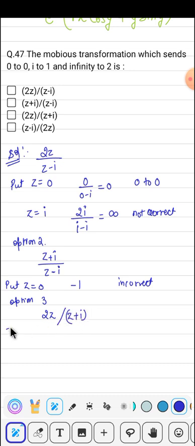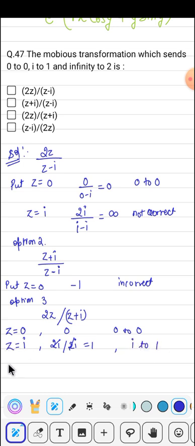If I put z equal to 0, I get 0. Okay, so 0 to 0 is correct. Z equals iota, I get 2 iota upon iota plus iota, 2 iota, which gives you 1. So this is iota to 1.